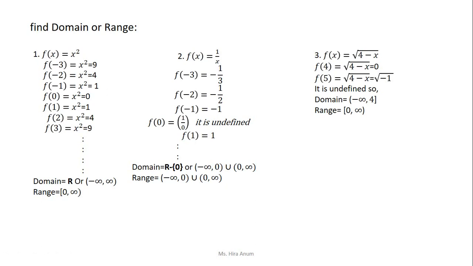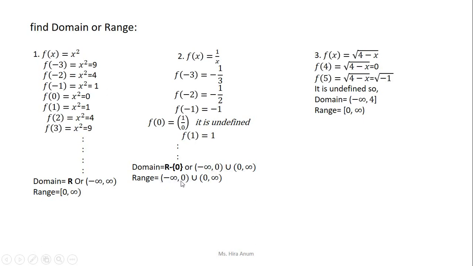So we cannot take 0 in the domain. So we subtract 0 from the real numbers. Then all numbers except 0 are our domain: minus infinity to 0 union 0 to infinity. In open intervals we cannot include boundaries, so we are taking open intervals on all sides.